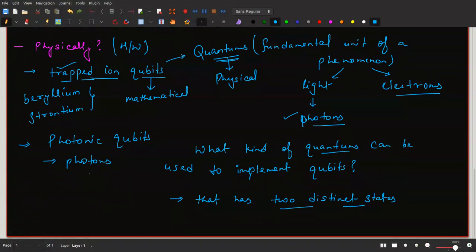Like for example, as I told you, photonic qubits are implemented using photons. So why is a photon eligible? Why can we use photons? What is that property?